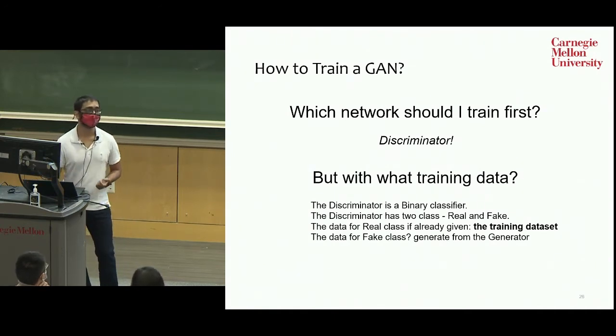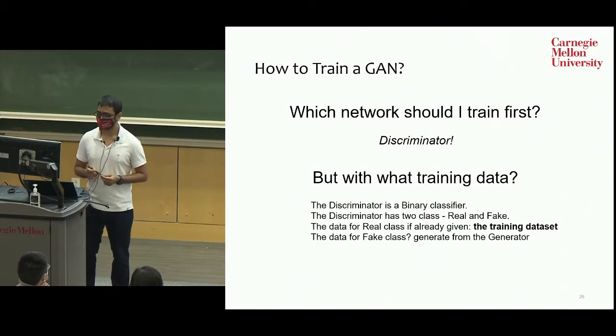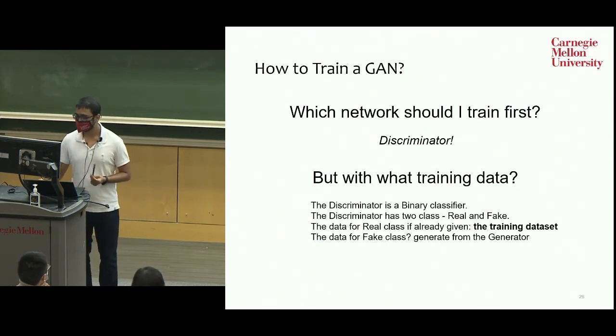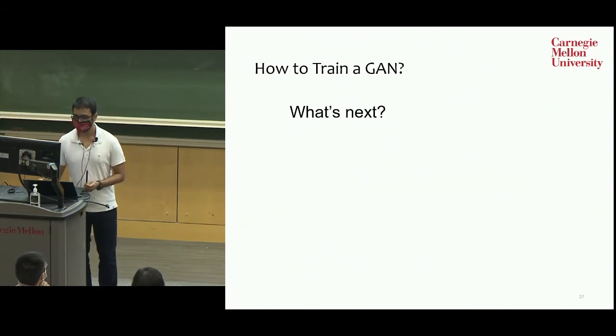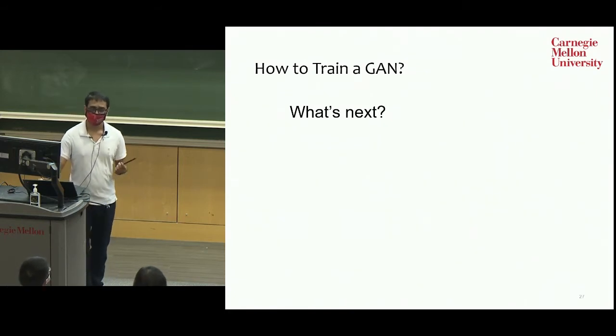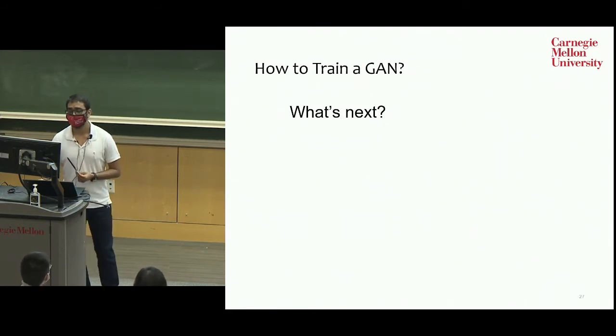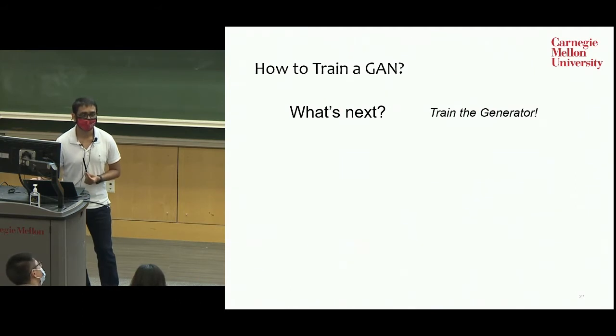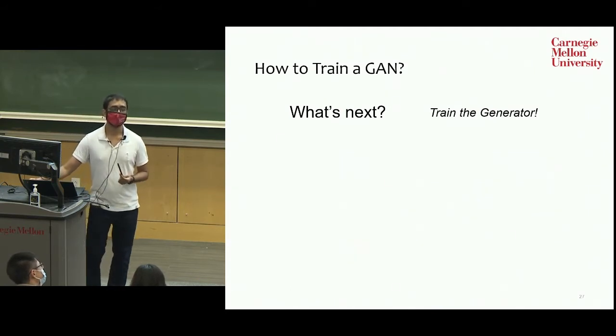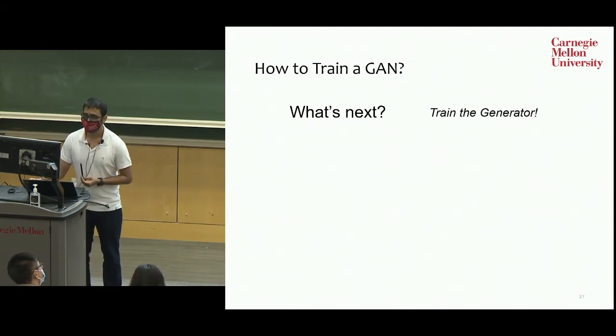So you train with that, and then you propagate the response from the discriminator to the generator. And then you basically train the generator from the output of the discriminator.